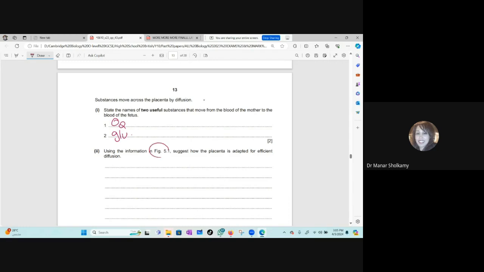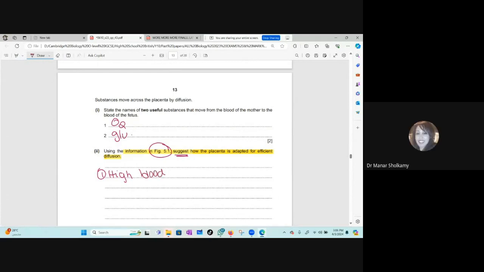Using the information in figure 5, in other words, look at the picture, suggest how the placenta is adapted for efficient diffusion. High blood supply. Correct. Now this high blood supply, what does it do? Allows the exchange of materials between the mother and the baby.